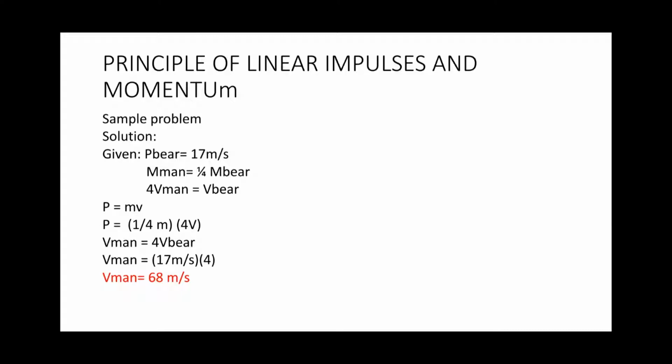V man is equal to 4 v bear to get the same momentum. V man is equal to 17 meters per second, because 17 meters per second is our original speed. Multiplied by 4, you get v man equal to 68 meters per second. And that's the speed of the man.